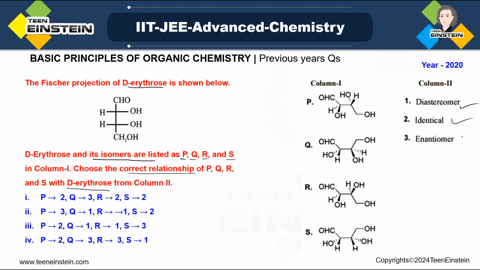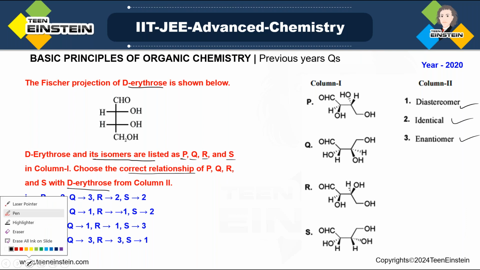So three different types of relationships are possible, as you can see, but which relationship will be correct, that we have to match. So what we will do first, we will find out the nomenclature. That is the way I will follow here, but if you want to do it in a different way, that also you can do.